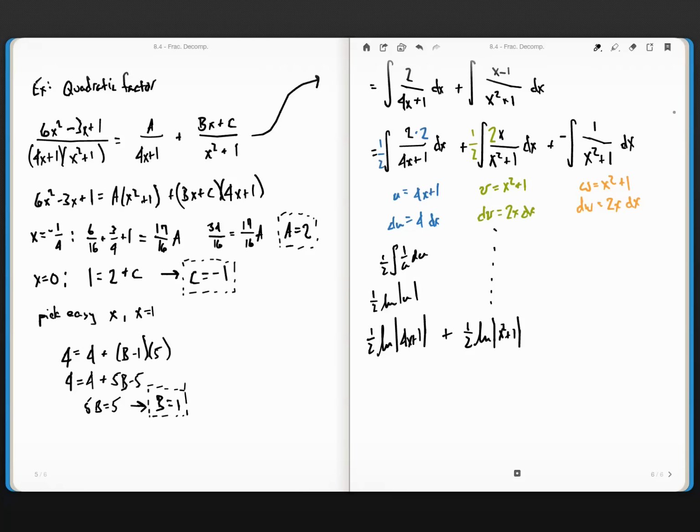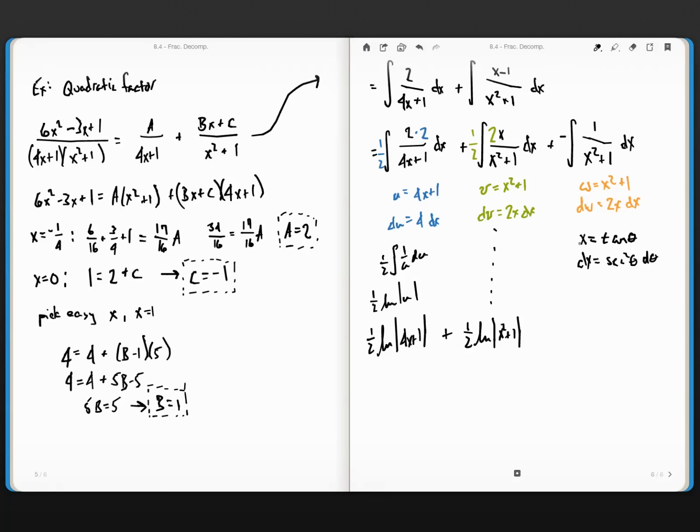We've got this x squared plus 1. So whatever do we do? Oh, I know. What if we said that x equals tangent of theta? Alright. So now dx, the derivative of tangent is secant squared theta d theta.